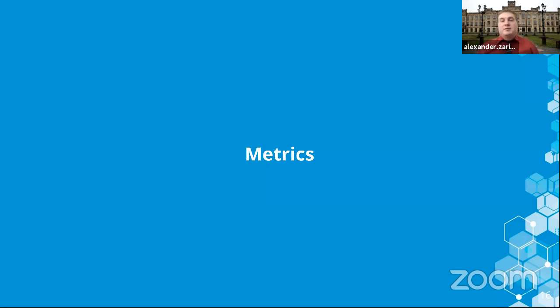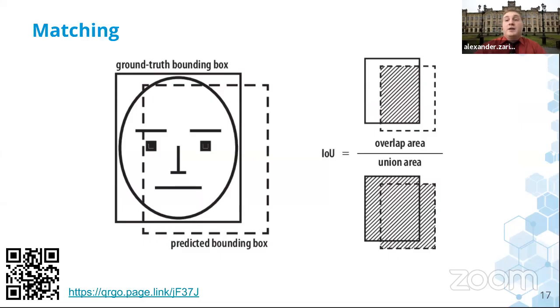Okay, and let's discuss the most important thing in any computer vision task, the metric, which is used to decide whether your algorithm is good or bad. To calculate the object detection metric, first of all, we need to match our predicted bounding boxes with ground truth bounding boxes.